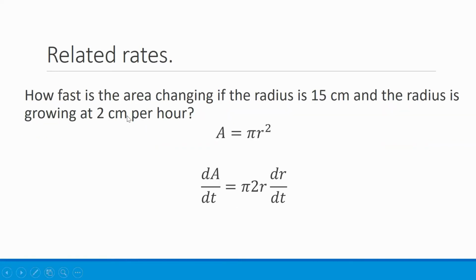So let's do a calculation. Let's ask ourselves, how fast is the area of a circle changing if the radius is 15 centimeters? So the initial radius of the circle is 15 centimeters, and the radius is growing at 2 centimeters per hour.